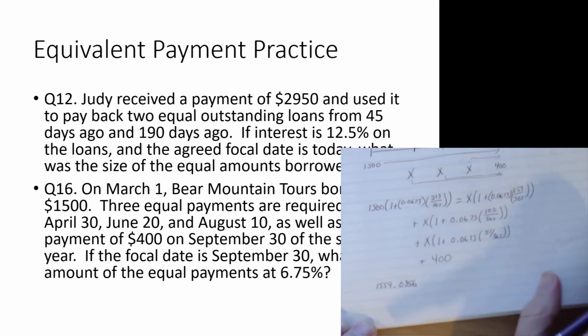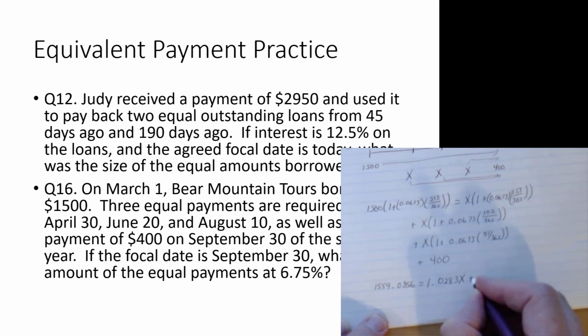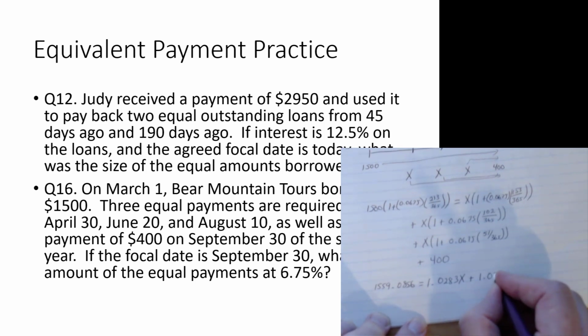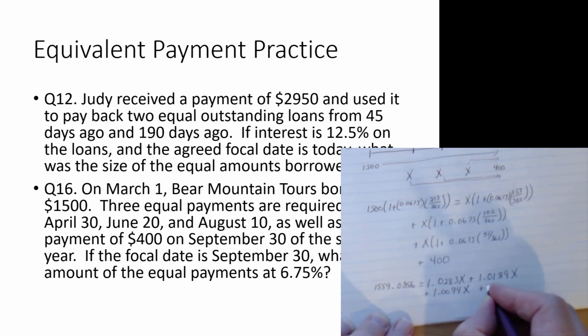I'm just rounding this to 4 decimal spots. And now that equals 1.0283x plus 1.0189x plus 1.0094x plus the 400.